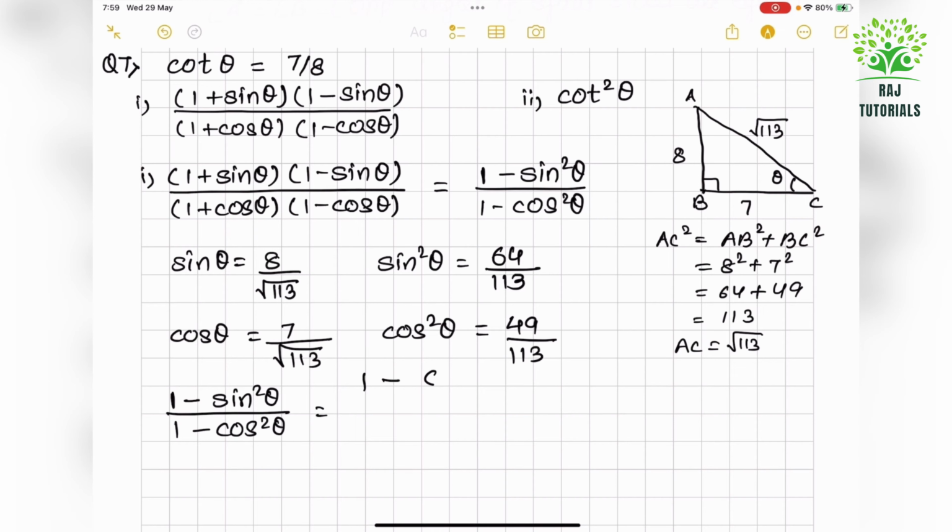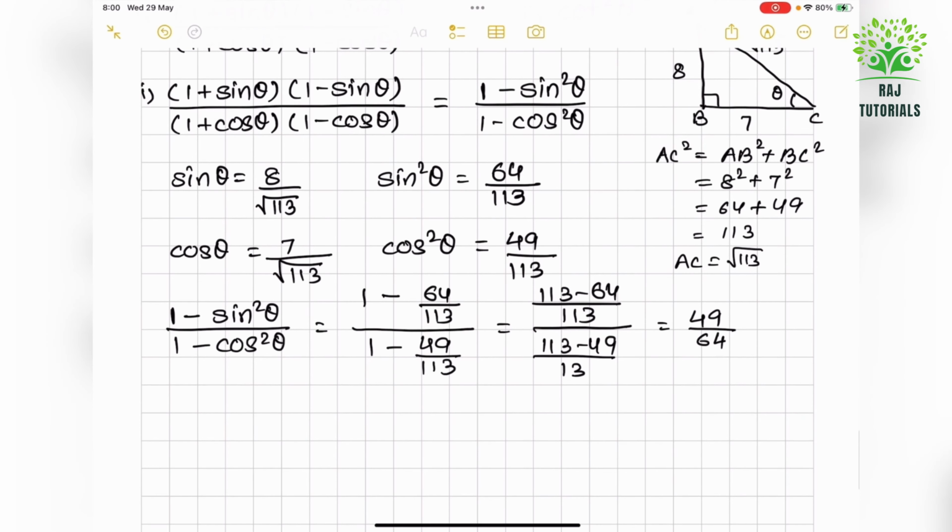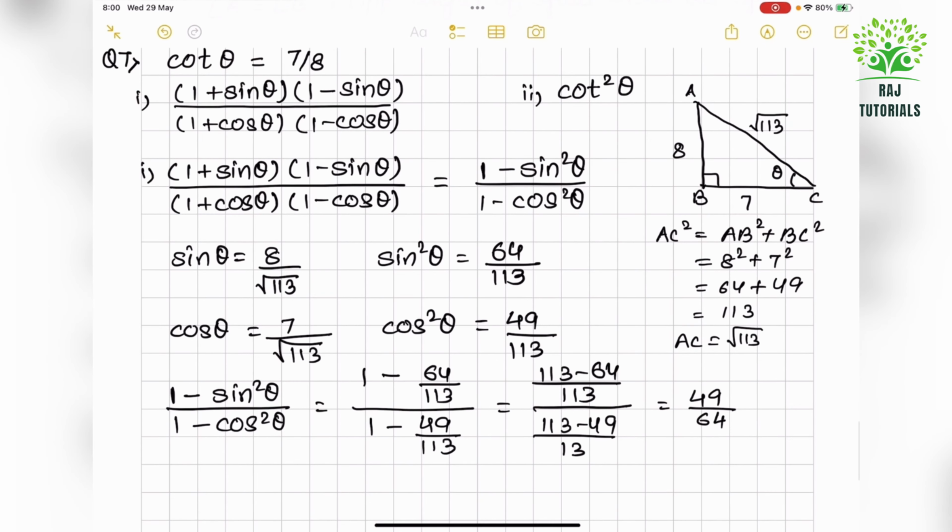So putting the values, 1 minus 64 by 113 upon 1 minus cos square, cos square is 49 by 113. So I will get (113 minus 64) by 113 upon (113 minus 49) by 113. So this I will get as 49 by 64 because both the denominators will get cancelled. Now the first one says this one.